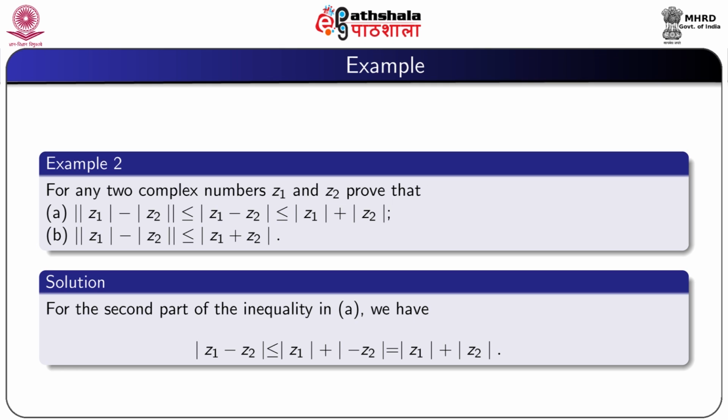And the solution. For the second part of the inequality in number 1, we have modulus (z1 minus z2) is less or equal to modulus z1 plus modulus (minus z2), and that is equal to modulus z1 plus modulus z2.